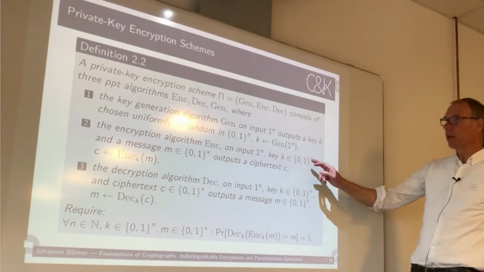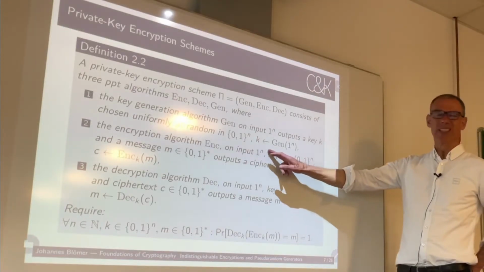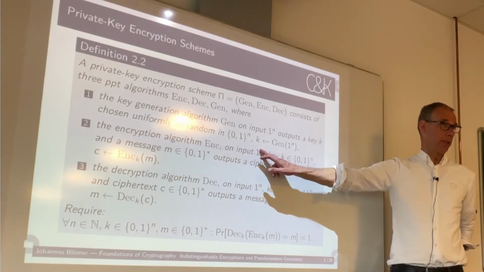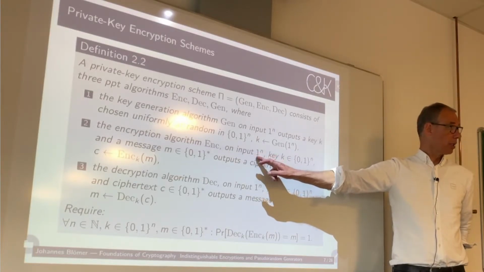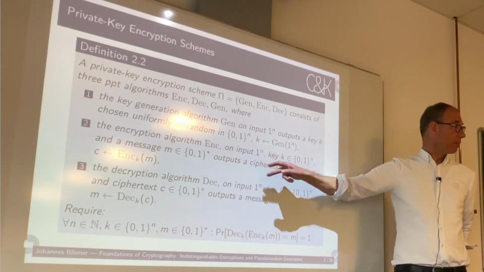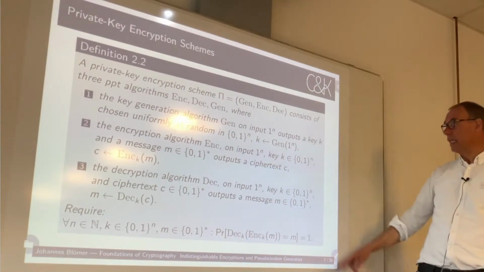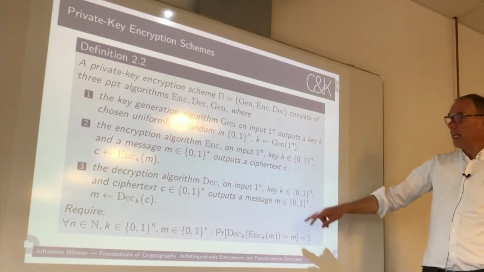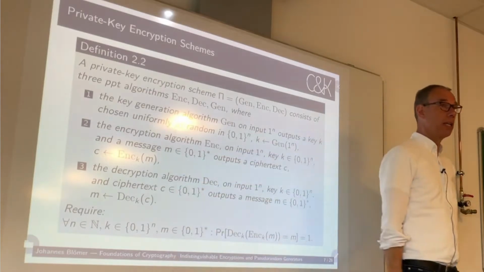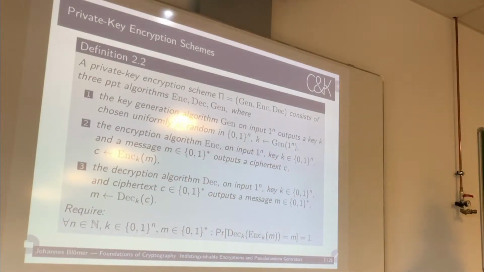The encryption algorithm also gets the security parameter as input, so it knows this. Sometimes I will drop this because it's always understood. It gets a key, and it gets a message, which I assume for the time being to be from {0,1}*. So the encryption scheme should be able to encrypt all possible bit strings.